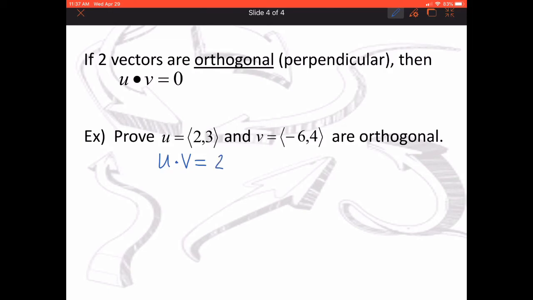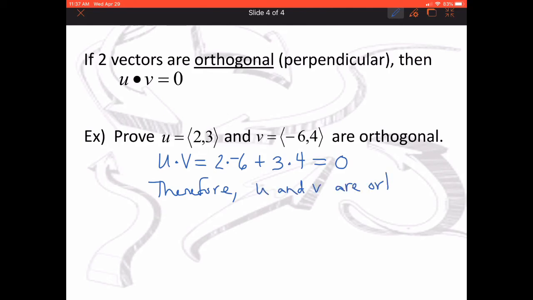So multiply the first components, multiply the second components, and we do get 0. Okay, so we were proving it, right there's my work. Therefore, U and V are orthogonal.